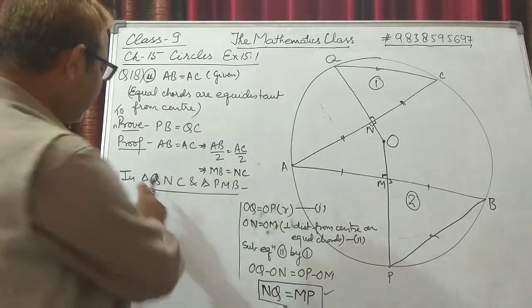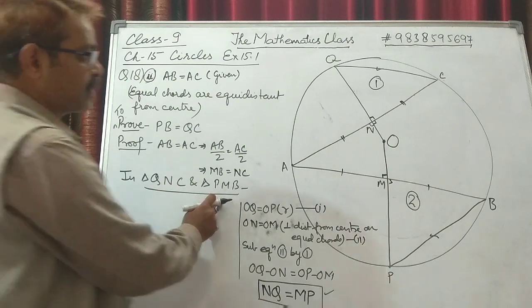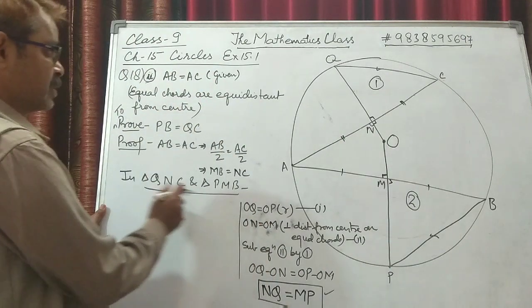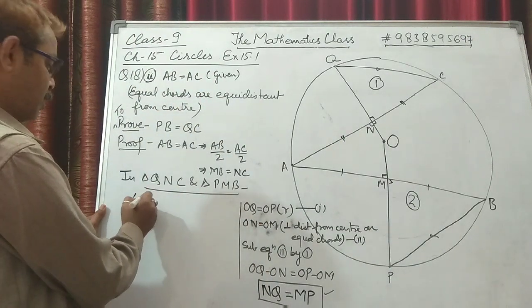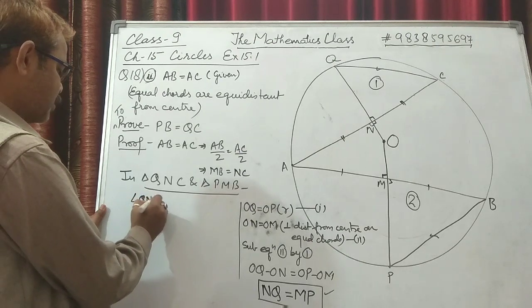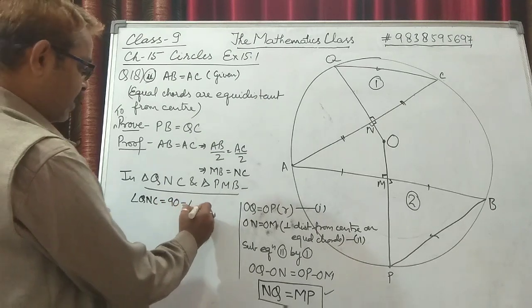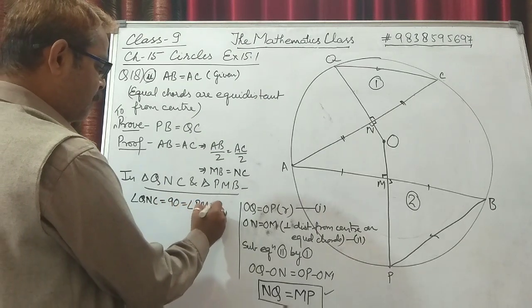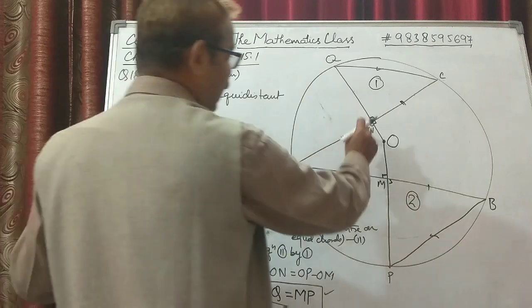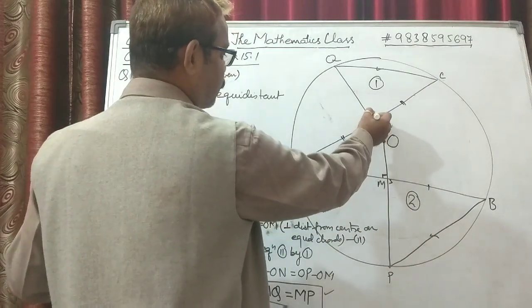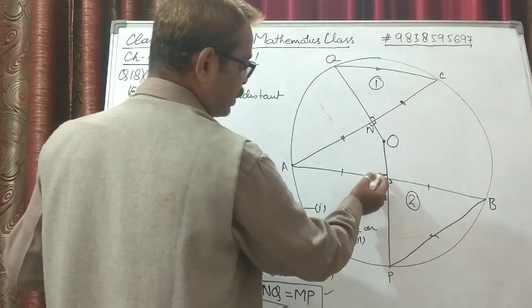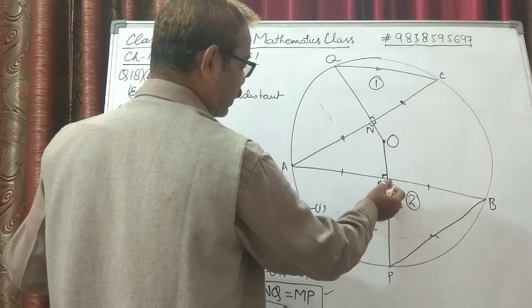Now in triangle QNC and PMB. In triangle QNC you can say angle QNC is equal to 90, is equal to angle PMB. Why? I said if this is 90 then this is 90 because they are vertically opposite. Similarly if this is 90 this also is 90, so vertically opposite.